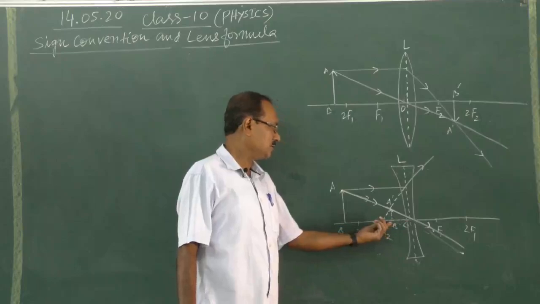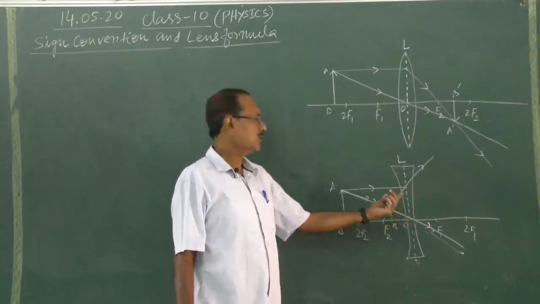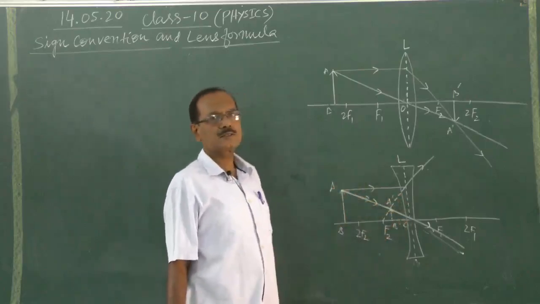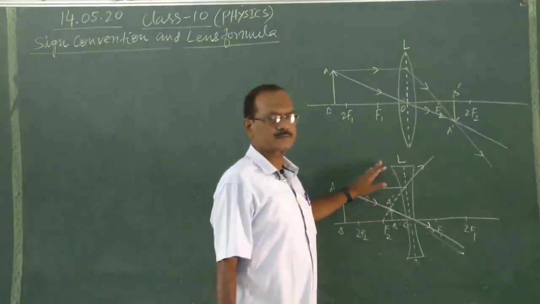The distance of the image is also opposite to the direction of the incident ray, so the image distance will be negative in the second case.